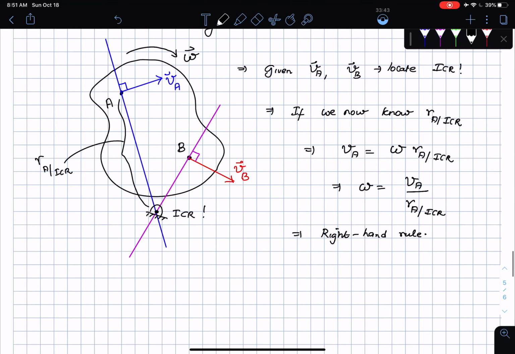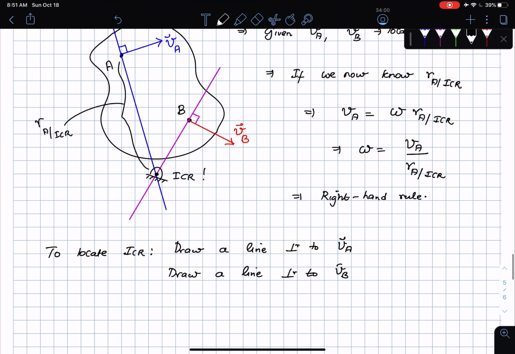So to locate the ICR, draw a line perpendicular to VA, draw a line perpendicular to VB, and wherever they intersect, this is going to be my ICR.